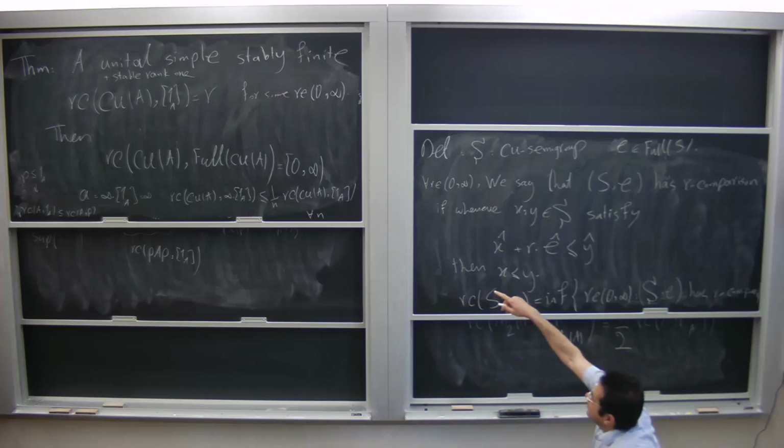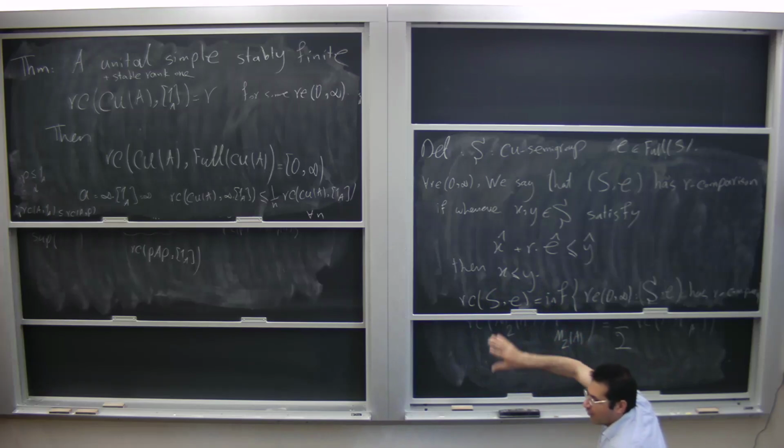For example, to make it clear as an application of this theorem, you remember the talk of Chris, where he provided a family of C*-algebras, all with stable rank 1 and the same radius of comparison, but non-isomorphic.